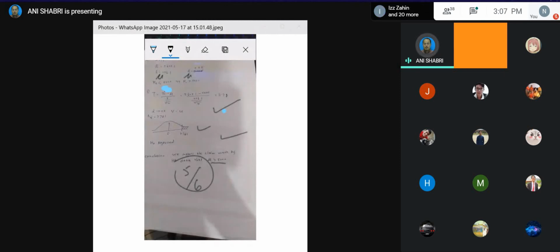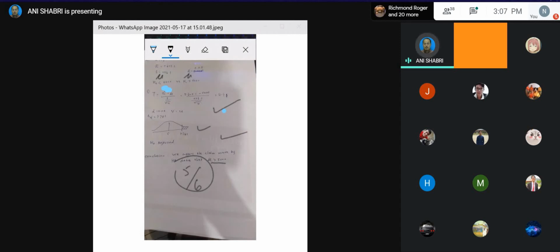When you using Z is wrong. If you see n is not greater than 30. N just 10, n is 10. Jadi you must using t distribution. This one is wrong. This one you must using t distribution.